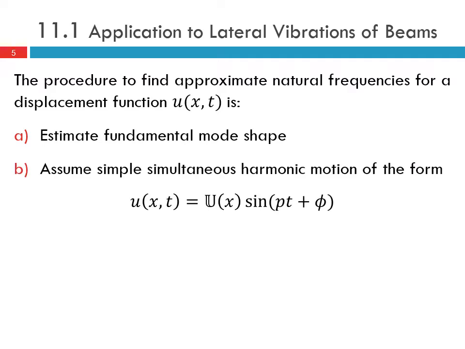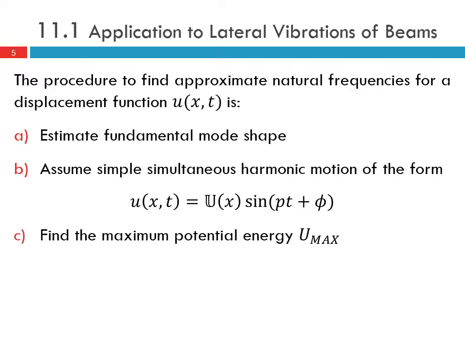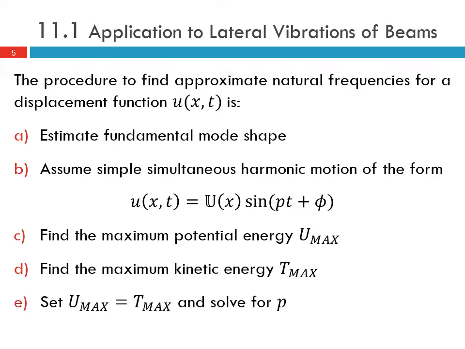Then assume simple simultaneous harmonic motion of the form u of x and t is equal to some function of x, our mode shape u of x, times this harmonic motion sine of pt plus phi. And then we find the maximum potential energy U max, find the maximum kinetic energy T max, set U max equals T max and solve for p.